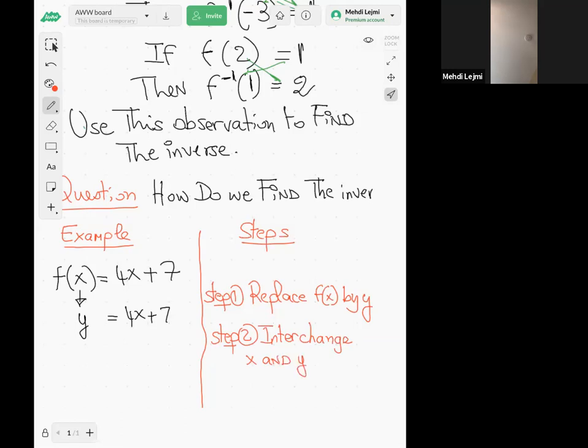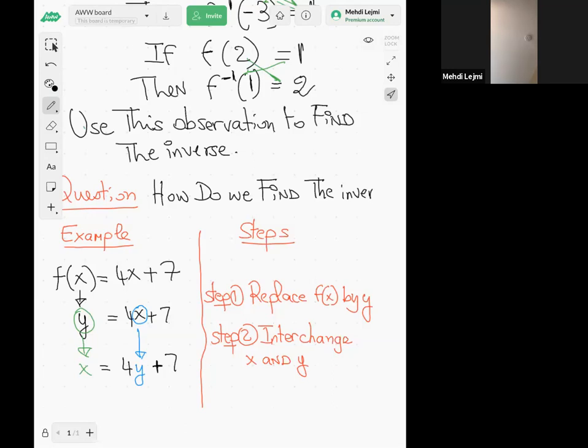So this y here becomes x, and my x here becomes y, right? And still we have here an equation, here 4, and here plus 7. All right, you just interchange x and y, okay?